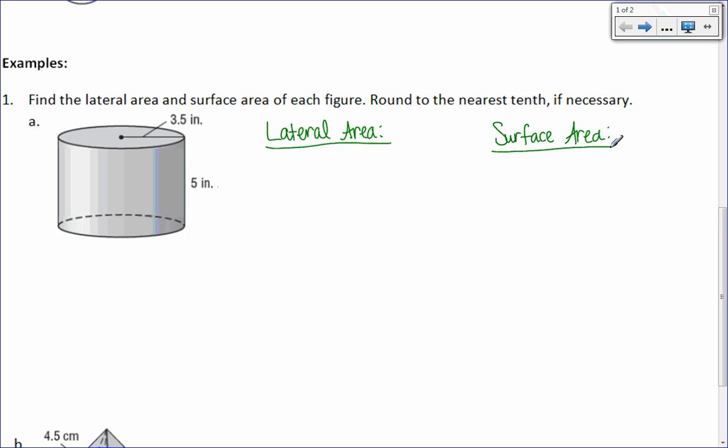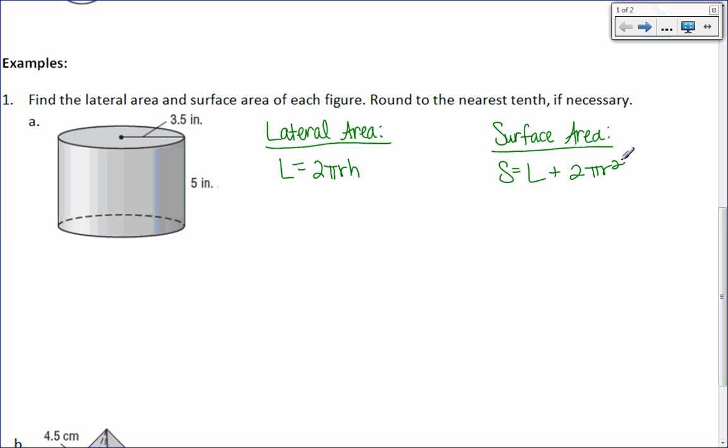Okay, so we want to make sure we know what figure we're dealing with and that we're using the right formula. So here I see that this is a cylinder. So for a lateral area of a cylinder, I have L equals 2 pi r h. And surface area of a cylinder is S equals L, which we're going to find right here, plus 2 pi r squared.